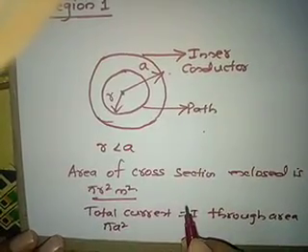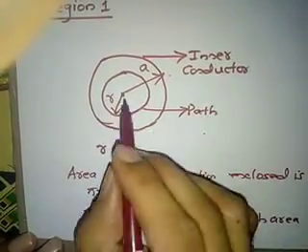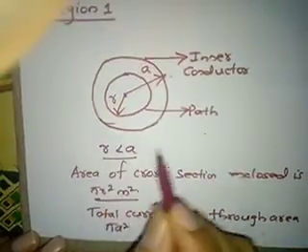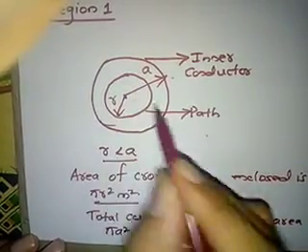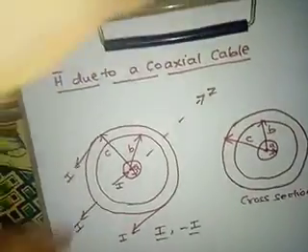So the current enclosed by the closed path, where r is less than a, is given by I dash, the current enclosed by the closed path.